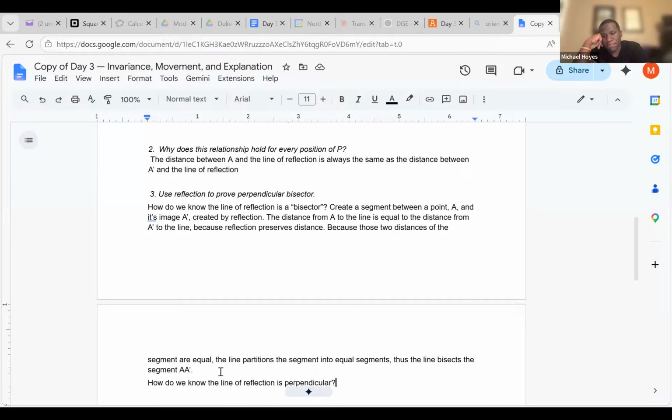Yes, any point. Once you start saying there's another point, that point becomes part of the figure. But anything that's a defined point on one side of the line of reflection is also going to have an image on the other side that's the same distance from the line of reflection. I don't know how to make the jump to how that proves perpendicularity.